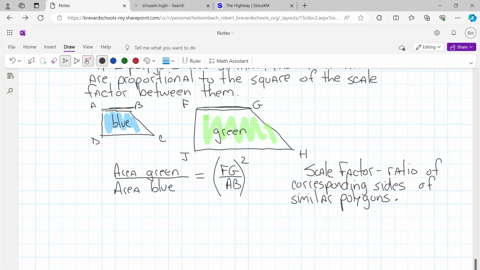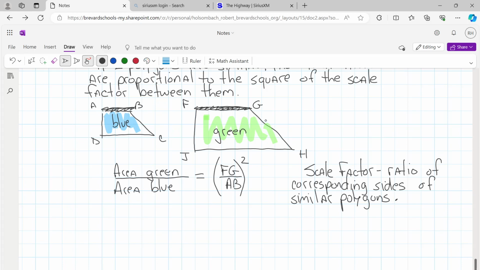So when we take FG, this top piece, and we put it over AB, and we're told that these two shapes are similar, then FG over AB is the scale factor of the two shapes. All right, now it doesn't have to be FG over AB.